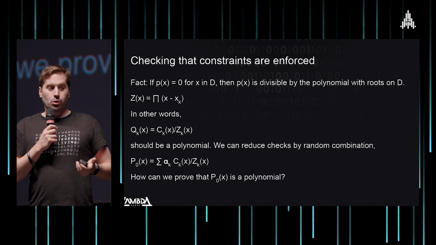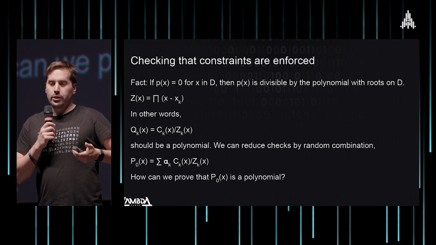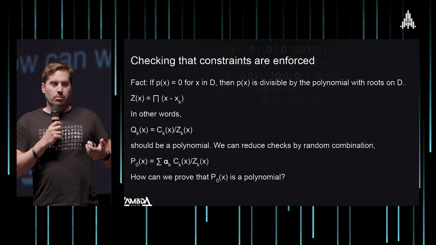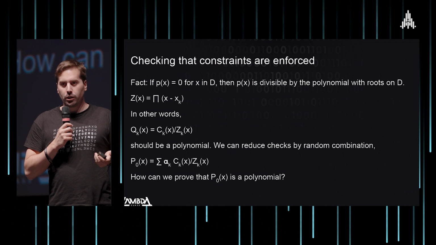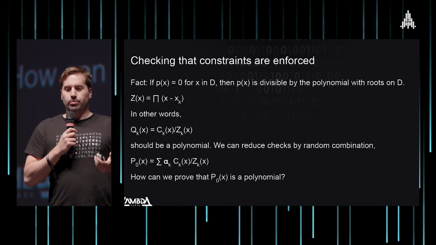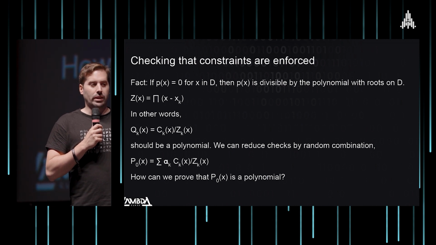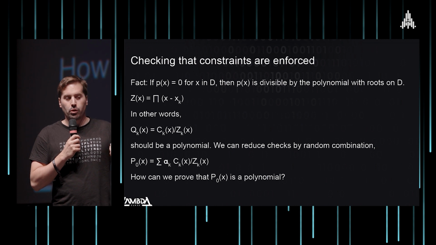So what should happen is that if we take these new composed polynomials and divide them by the vanishing polynomial, the result should be a polynomial. If it is not, then this is a rational function. And then, of course, the proof would fail, because what we need is to prove that this is in fact a polynomial.